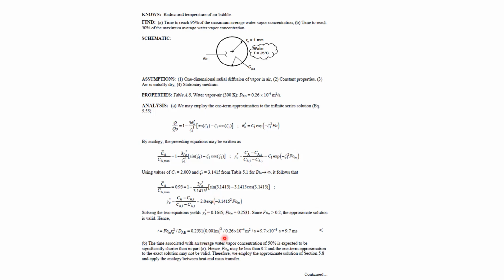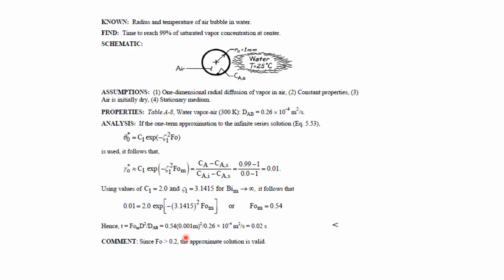In such a problem, you can see there is one comment: the time associated with an average vapor concentration of 50% is expected to be significantly shorter than in part A. Hence the Fourier number is less than 0.2, and the one-term approximation to the exact solution may not be valid.